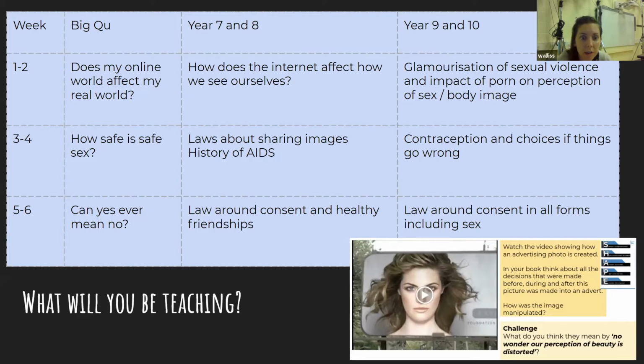What does consent look like? What does the law say? We might talk about toxic friendships, and that covers an element of bullying as well. With year 9 and 10, we will focus more on consent in terms of sex and touching and how they interact with one another. So that's a very brief outline of what you will be teaching.